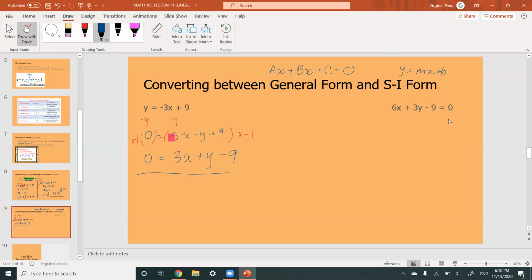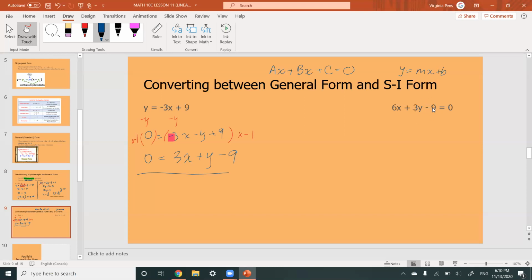Over here, we have another equation, and this equation is written in general form. So let's convert it to SI form. Now in SI form, y is isolated to one side. So our first step is to isolate y to one side. We can do that by bringing the 3y over. Remember, we can't just bring the y because it's attached to the 3.